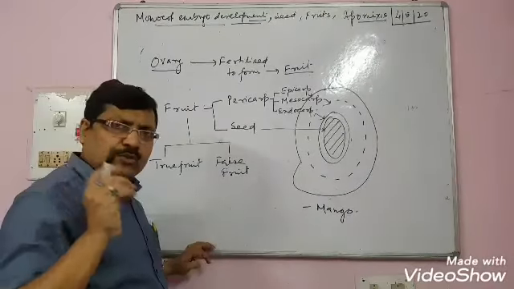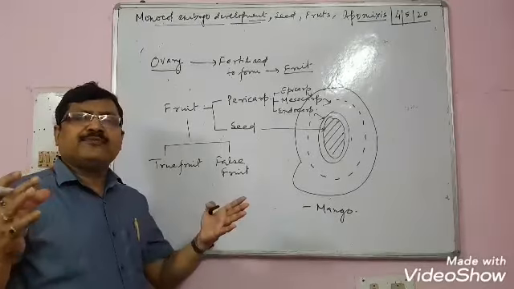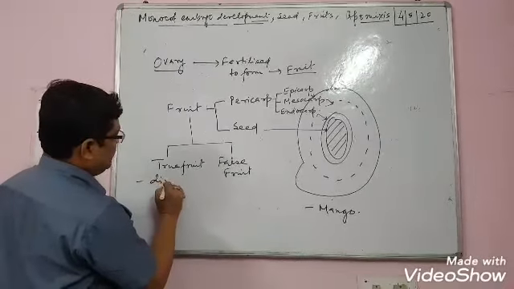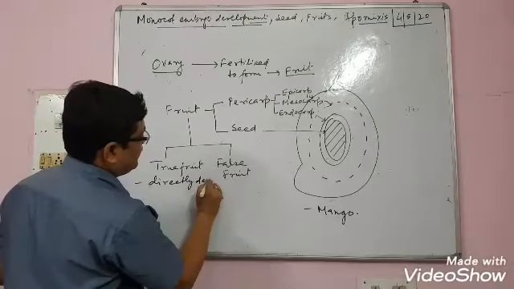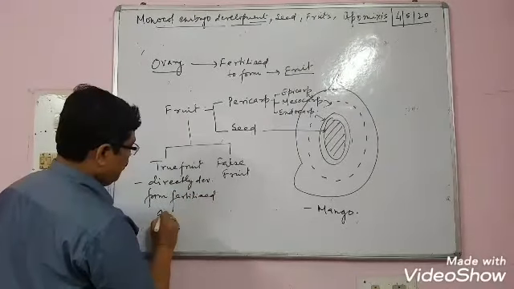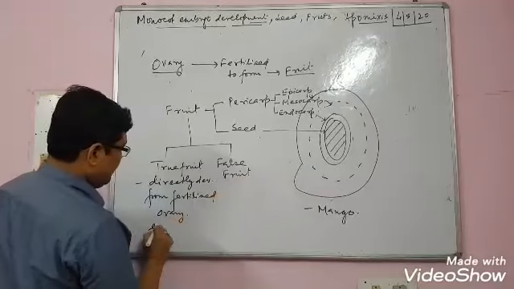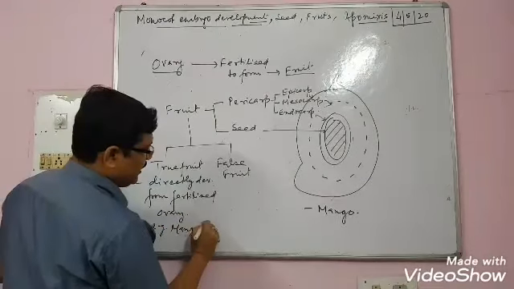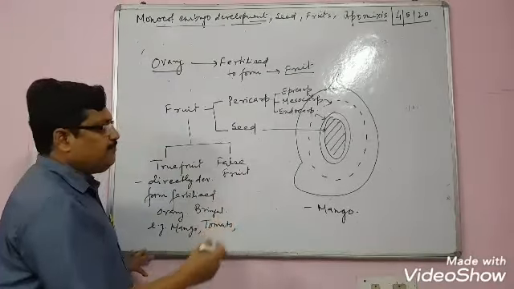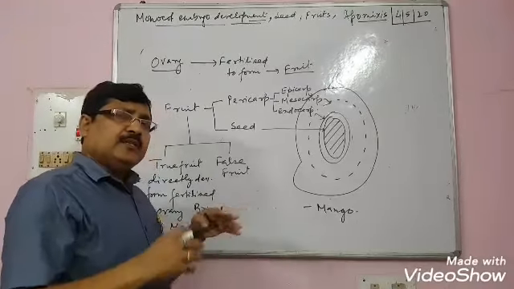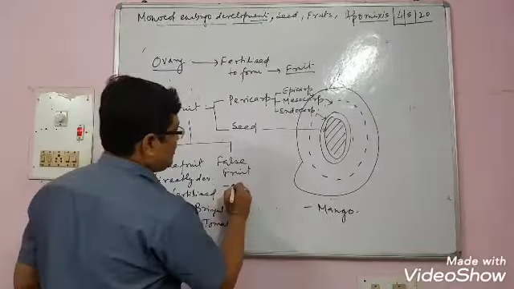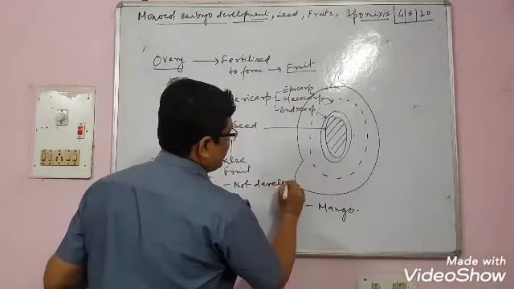True fruit means those fruits that develop directly from the fertilized ovary, for example mango, tomato, brinjal, etc. Whereas false fruit means the fruit is not developed from the fertilized ovary.